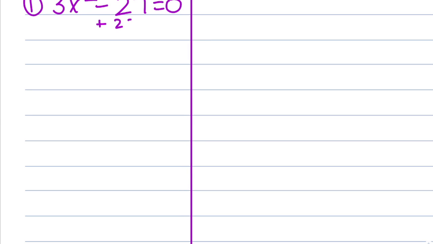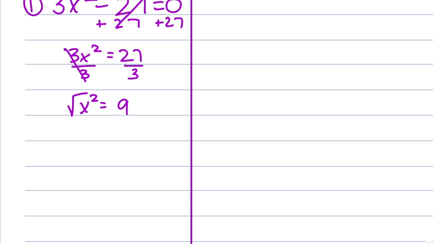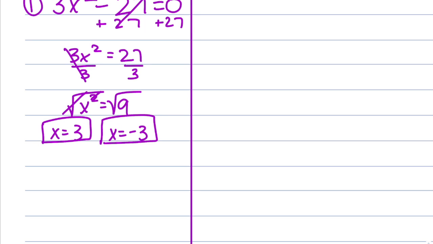I add 27, and we get 3x squared equals 27, divide by 3, and I get x squared equals 9. Well, square root cancels that out, and then we're left with x is 3 and x is negative 3. So those are my 2 solutions.